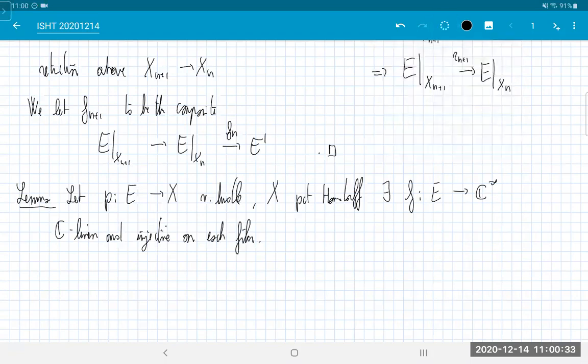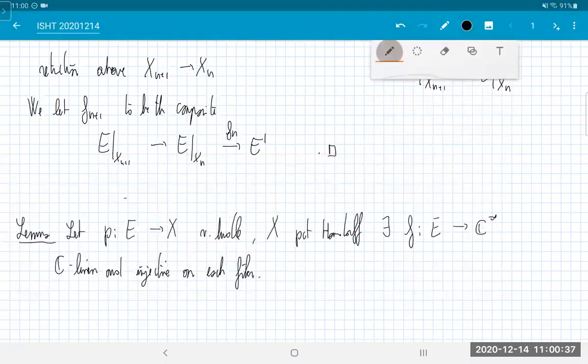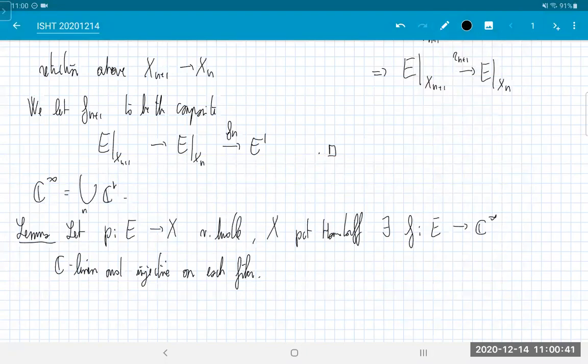And actually, maybe I should say what I mean by C infinity. C infinity is the union of C^n for every n, that is the sequences x_n such that x_n is 0 for almost all n. I don't know if you've seen this space before.